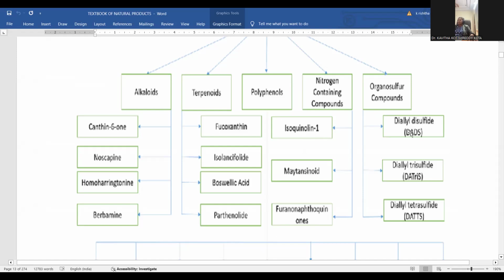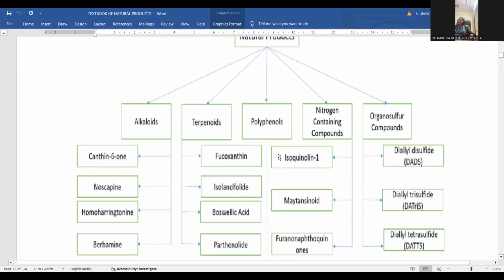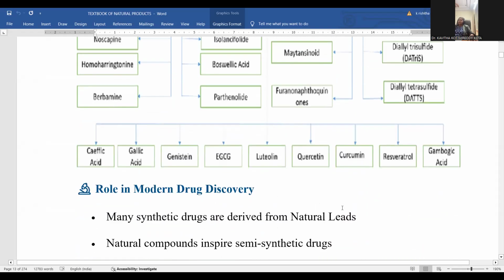Organosulfur compounds will be there. Diallyl disulfide, which is abbreviated as DADS. Then diallyl trisulfide is another category of sulfur containing compound. Diallyl tetrasulfide is another category of compound. This is the way natural products can be categorized into various classes.